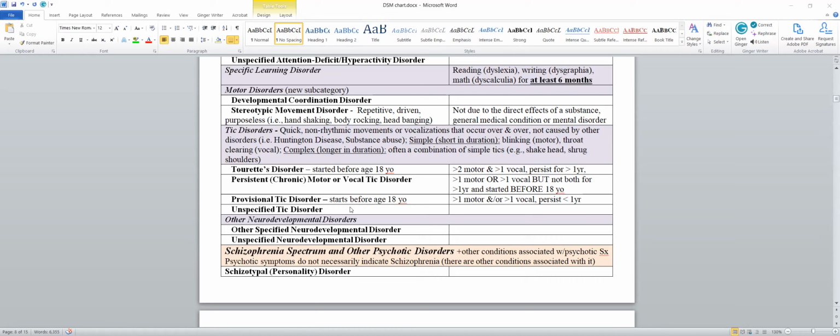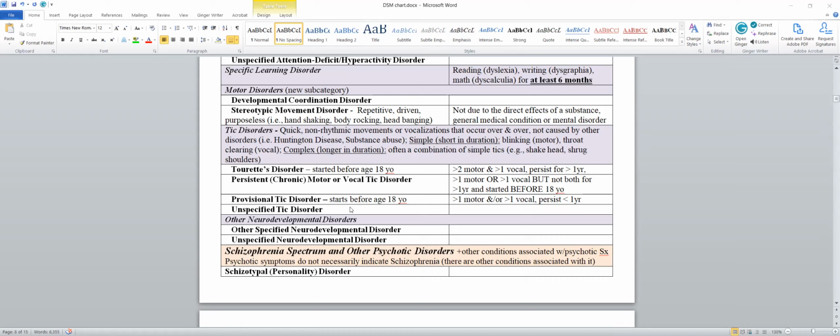So again, persistent chronic motor or vocal tic disorder has to have at least 1 motor or at least 1 vocal symptom, but not both, for at least 1 year and start before 18 years old, whereas Tourette's disorder is at least 2 motor and 1 vocal. So it has to have both. Whereas persistent motor or vocal tic disorder, it's either or.